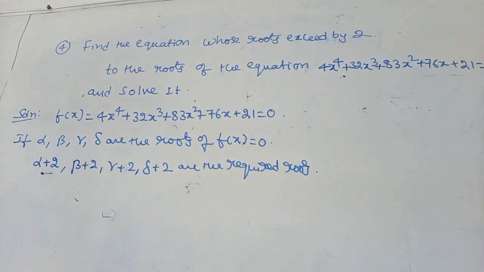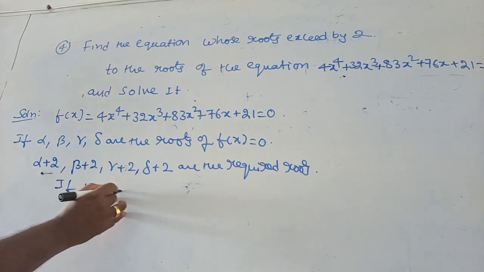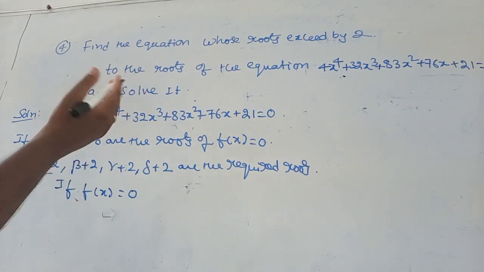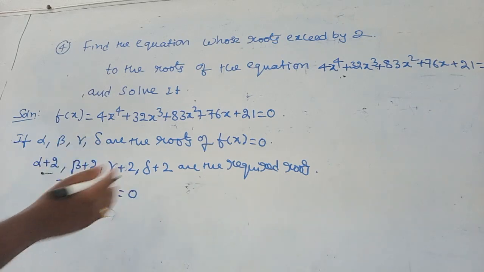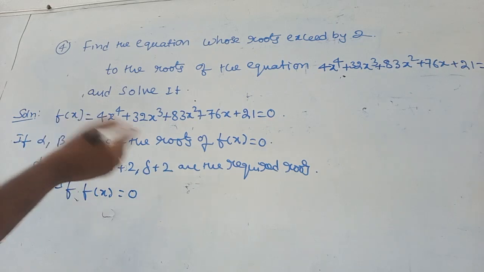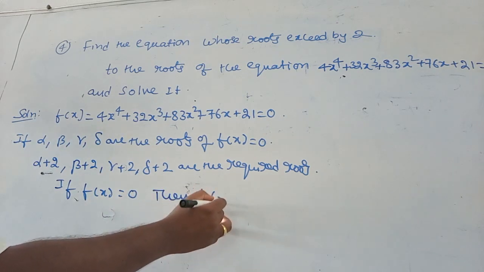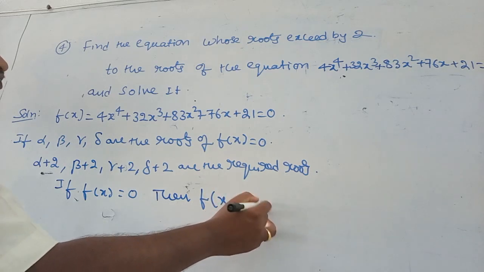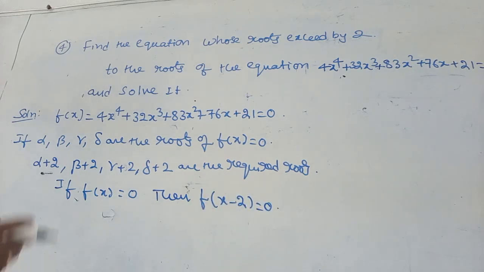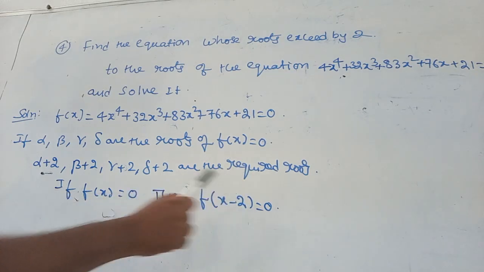We told in quadratic equations that if f of x is equal to 0, then if each root is increased by 2, the required equation is nothing but f of x minus 2 is equal to 0, because if you increase each root by 2, the transformed equation is f of x minus 2 equal to 0.